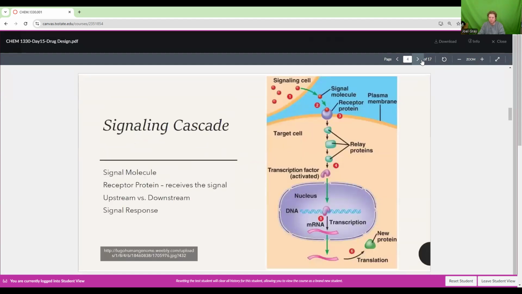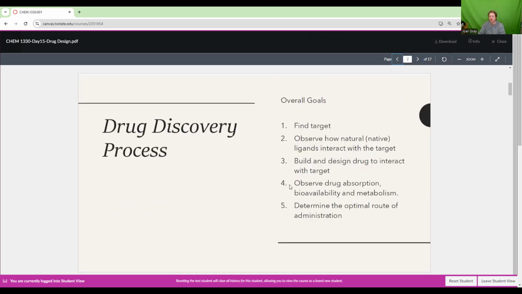And then you go through testing. You observe how that drug is absorbed and the bioavailability of it. For instance, if you ingest it in your mouth and it goes straight through your body and is excreted in your urine or something like that, that's not a particularly valuable drug because it's all going as a waste product.